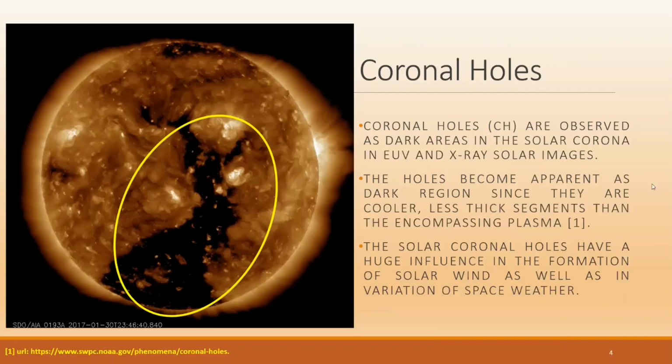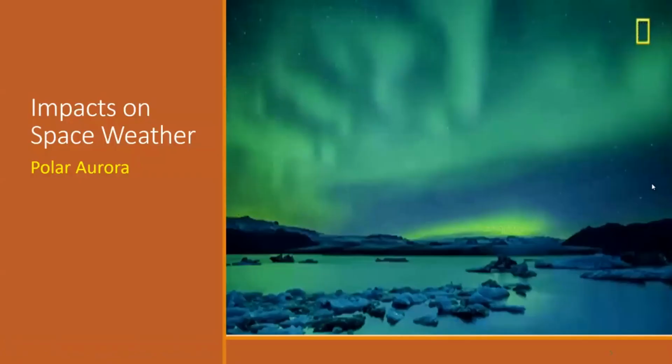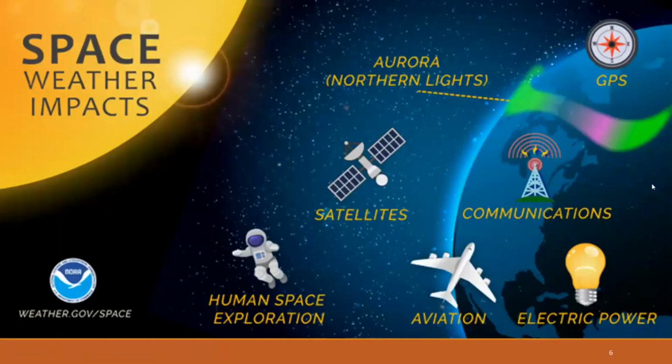So if we can detect this solar coronal hole region properly, then we can have better prediction of the space weather condition. I think Arpit has given the introduction about this image, so I am not spending time on it.